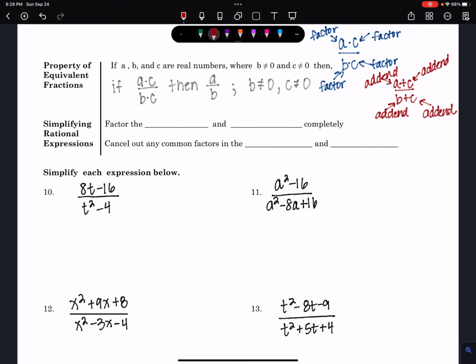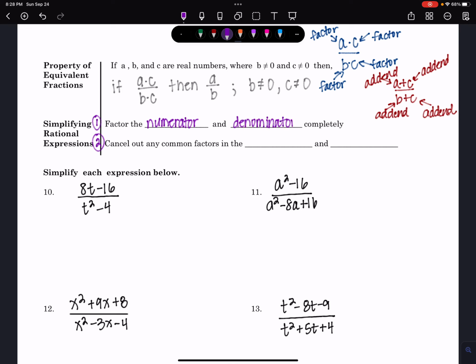Now what we're going to do is we're going to have two steps. I'm going to put these in purple here. Step 1 and step 2. Step 1, you're going to factor the numerator and the denominator completely.